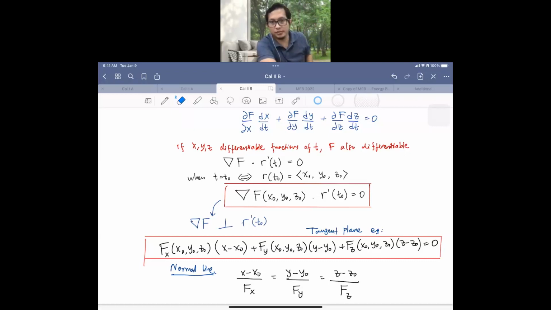Let me give you an example on how to apply the method, the tangent plane.